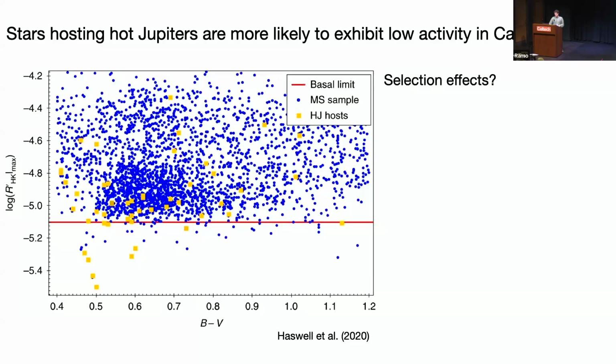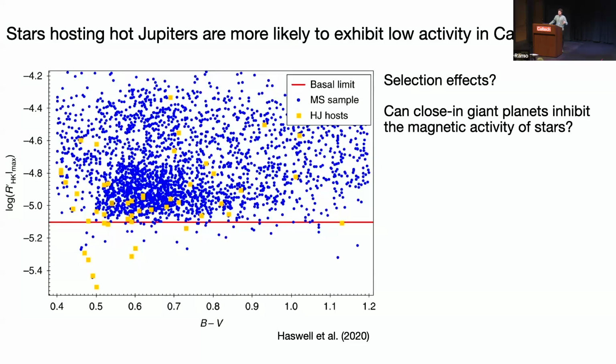A slightly more interesting physical explanation is, can close-in giant planets inhibit the magnetic activity of stars? It's a cool explanation, but I don't think there's any physical models which actually can produce this yet.